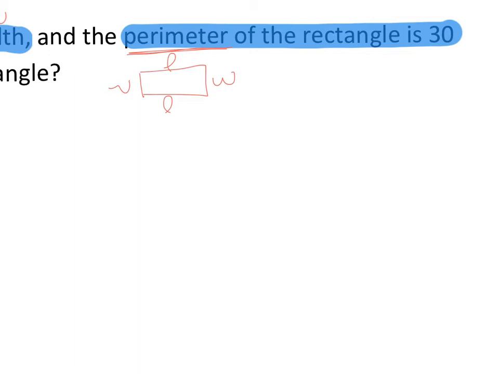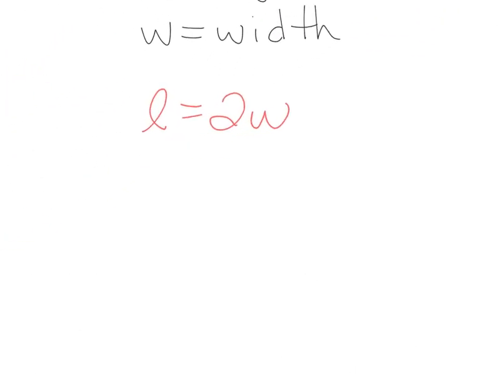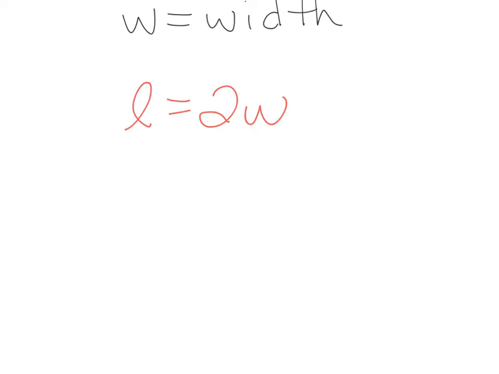So if you add up all the sides, you're going to have two L's and two W's. We set that equal to 30. Let's put that with our other equation: 2L plus 2W equals 30.